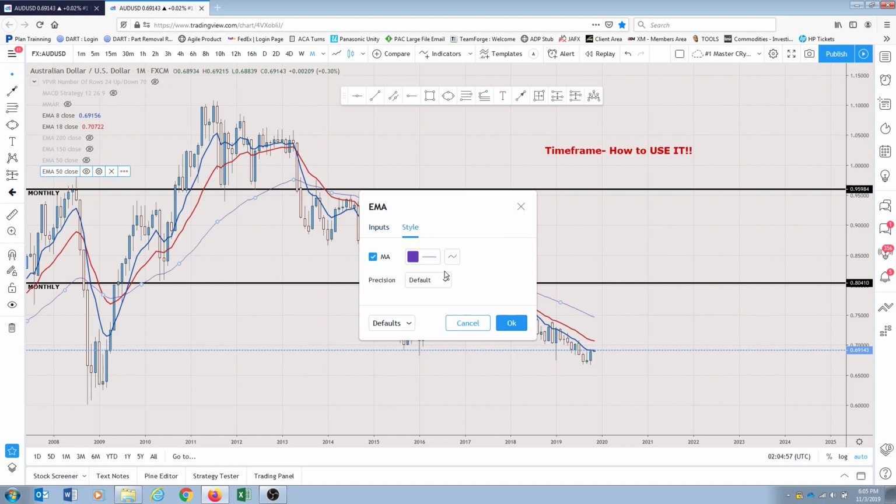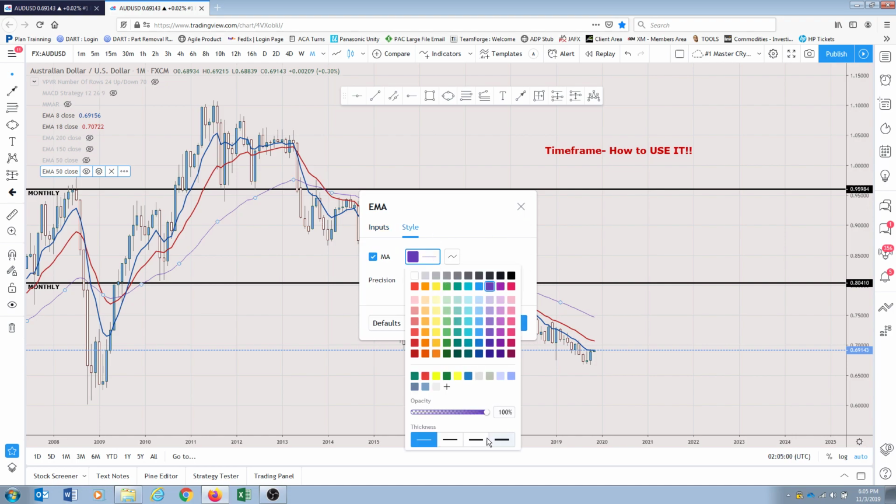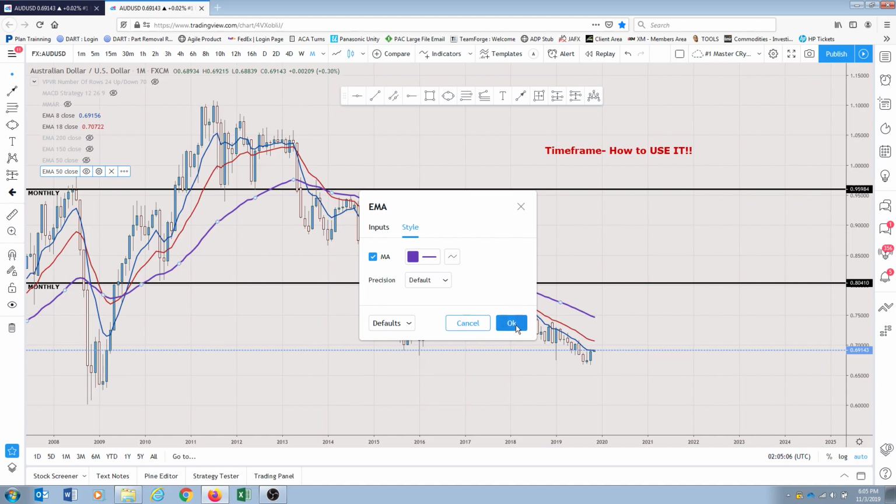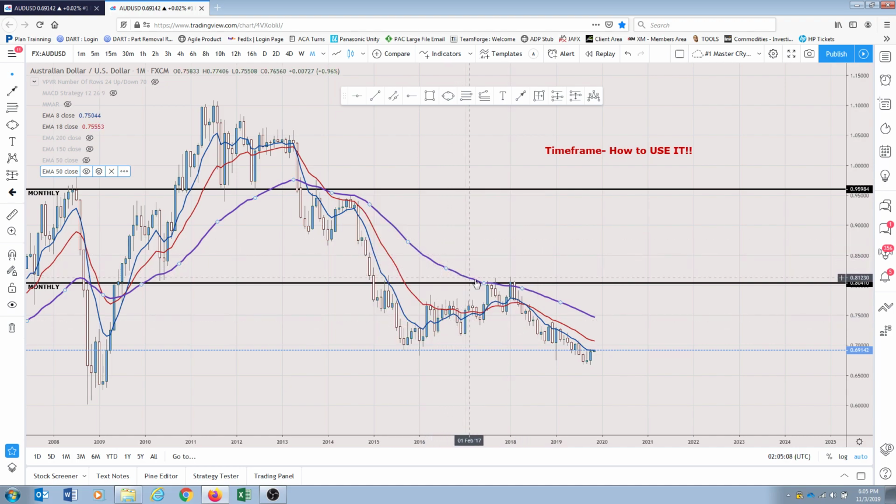Actually, go to styles too. Go to style and make sure you select this third one because we want a nice thick line. And then you can click there and hit OK, and it'll add this purple EMA 200. I'm just going to close this because I already have it. So here, you have EMA 50 and EMA 200.